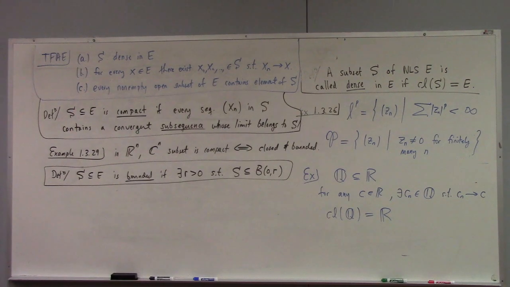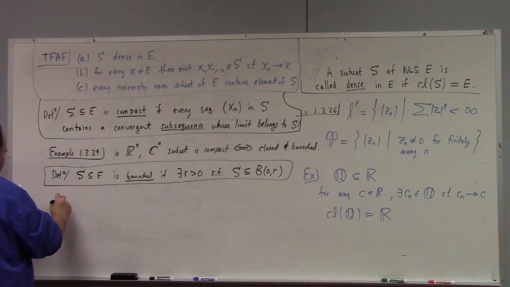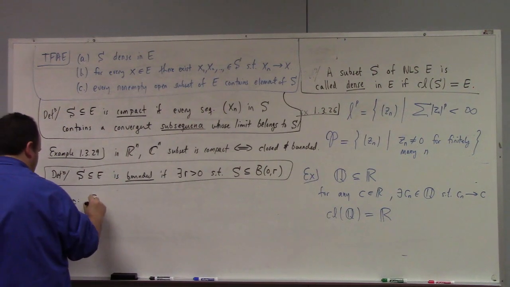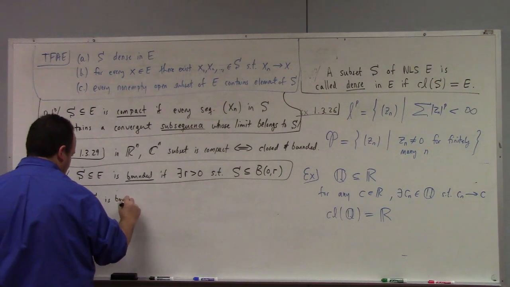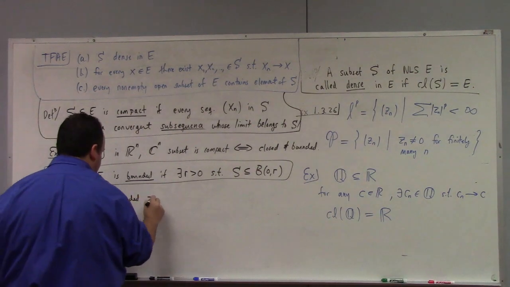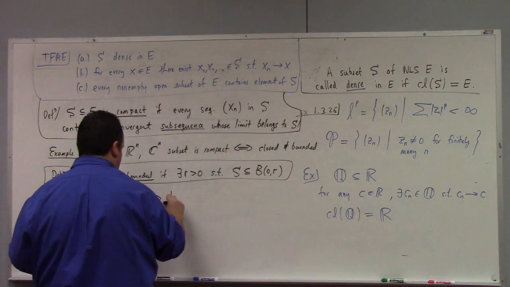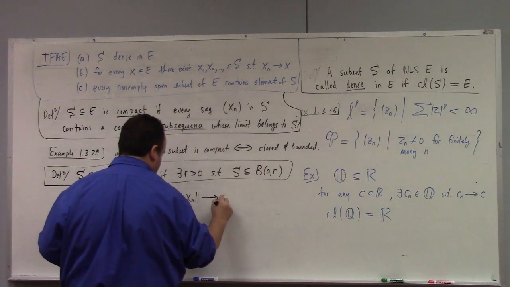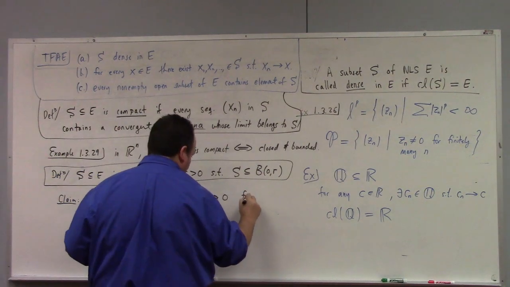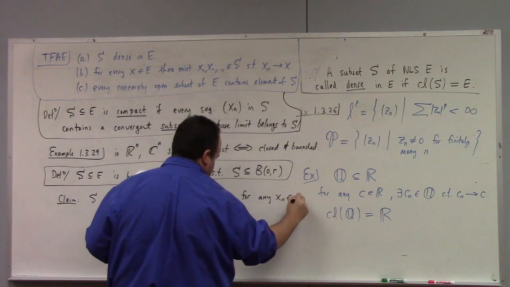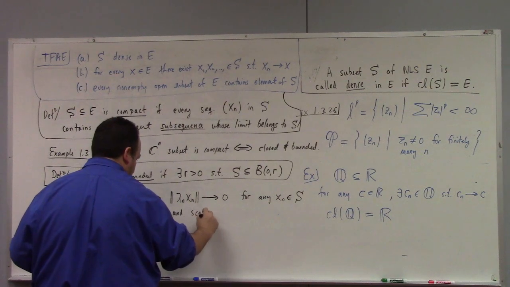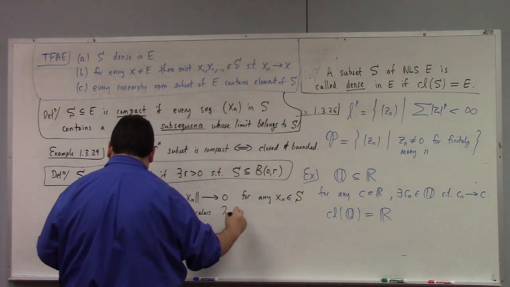And he says it's easy to show it's bounded if and only if... So here's a claim, which I'm tempted to try to prove. He says S is bounded if and only if the norm of lambda n xn goes to 0 for any xn in S and scalars lambda n which are converging to 0.